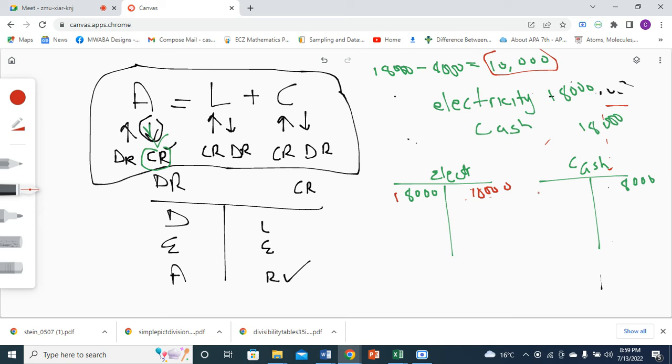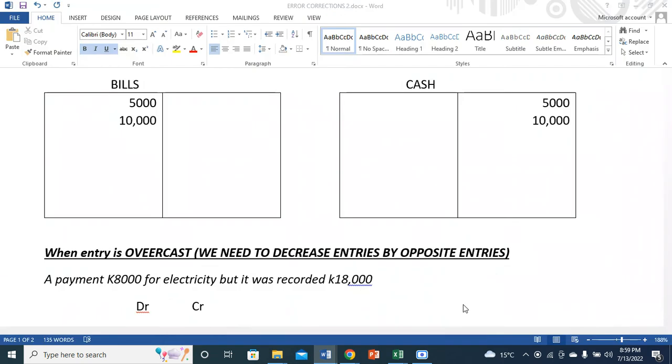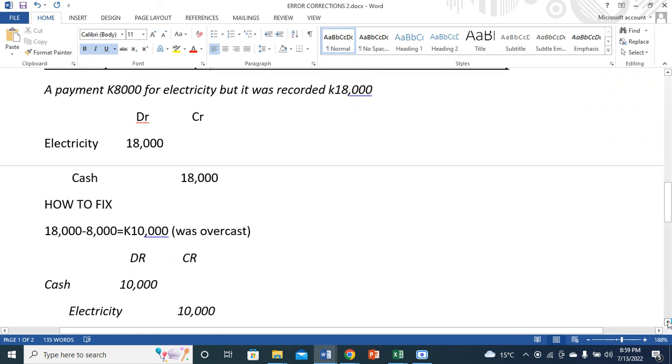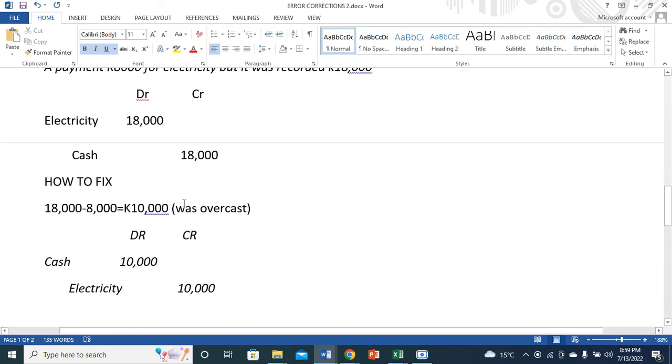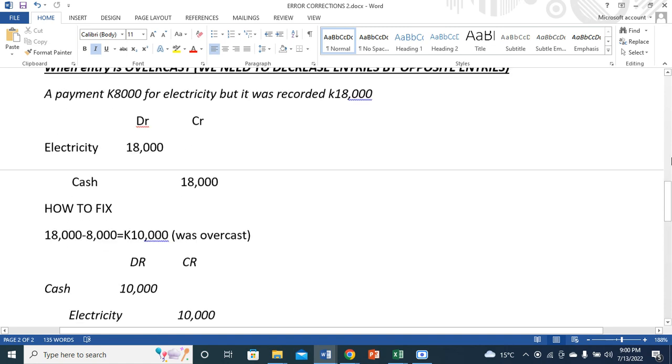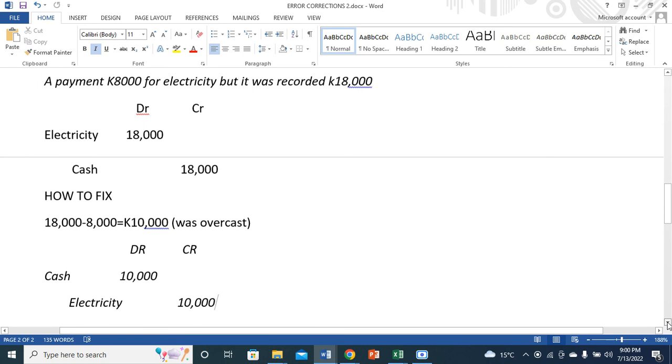Cash was debited 10,000 so as to reduce this overcast amount back to 8,000. So how we fixed it: we debited cash 10,000 and we credited electricity 10,000, so that the error is corrected.